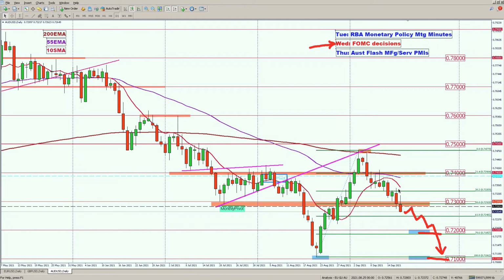However, if the US dollar does turn around and retrace, then these major pairs could find some relief and have a bounce back. So critical week next week for all the major pairs.